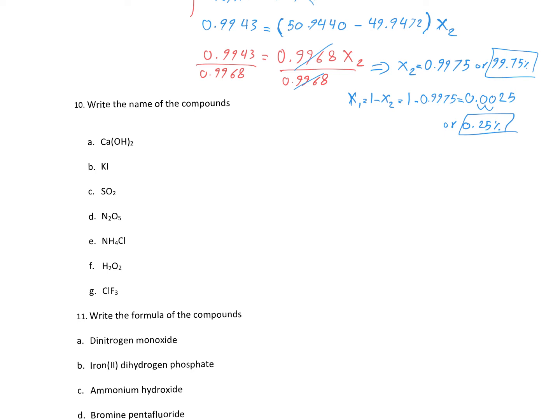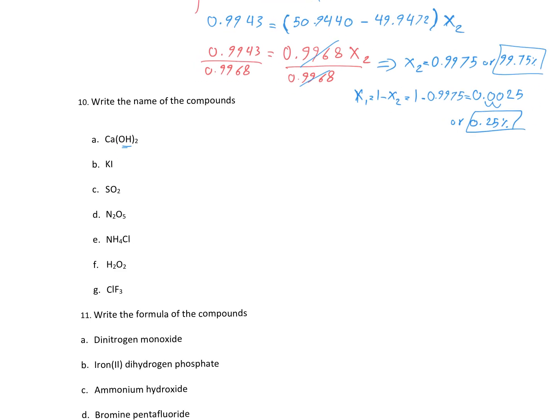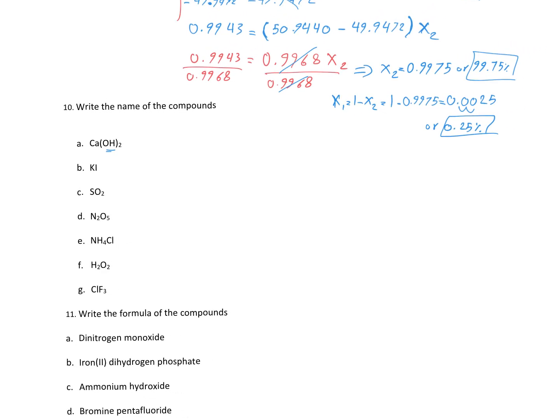Okay, so the first one we have name of the compound. So first you have to see if it's an ionic compound or a molecular compound, okay, if it makes ions. So you have to memorize the table of polyatomic ions, and one of the polyatomic ions is hydroxide, so therefore this is an ionic compound.